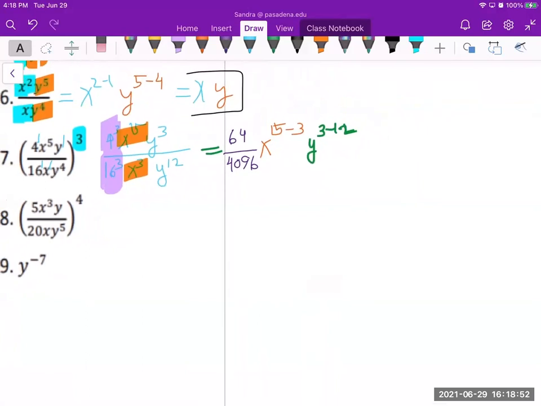Now in your calculator, you can input 64 over 4096 as a fraction. Let me tell you how to input that. You are going to input 64 in the calculator. Then you are going to press the key A, B, C in your calculator.